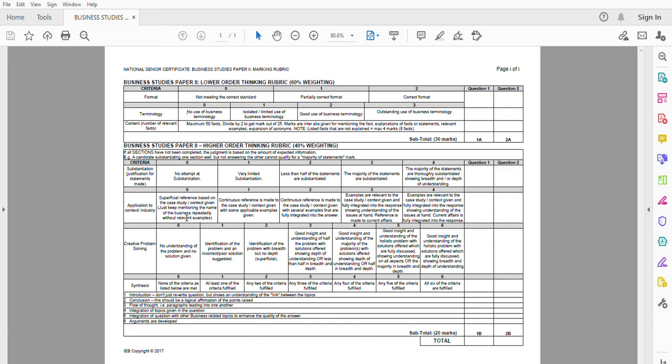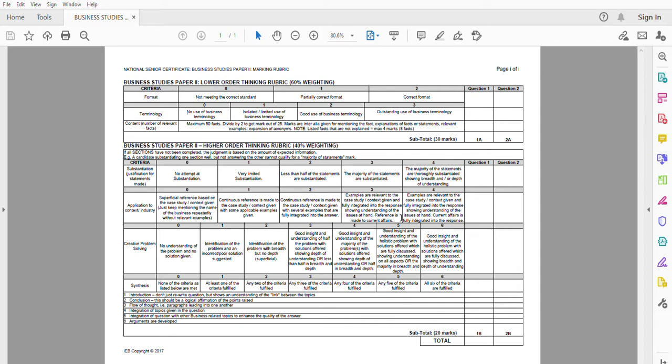Then you get 1 mark if continuous reference is made to the case study, context given, with some applicable examples given. Then continuous reference is made to the case study, context given, with several examples that are fully integrated into the answer. Then 3: examples are relevant to the case study, context given, and fully integrated into the response, showing an understanding of the issues at hand.